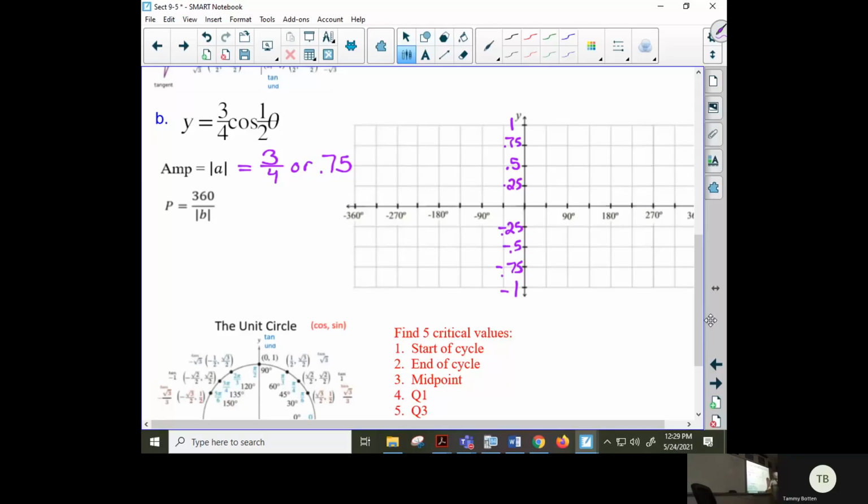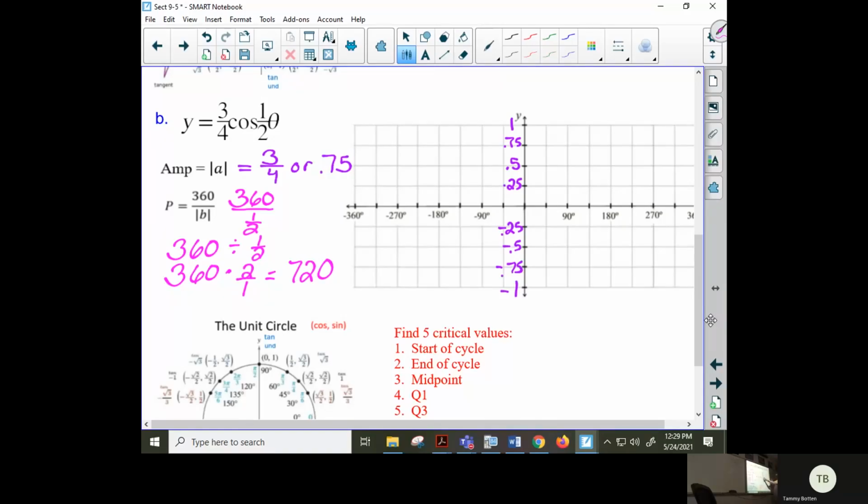Okay. And then for our period, it's going to be 360 divided by 1/2. And 360 divided by 1/2, remember that's the same as multiplying by the reciprocal of 1/2, which is 2/1. So my period for my sine function is going to take 720 degrees.